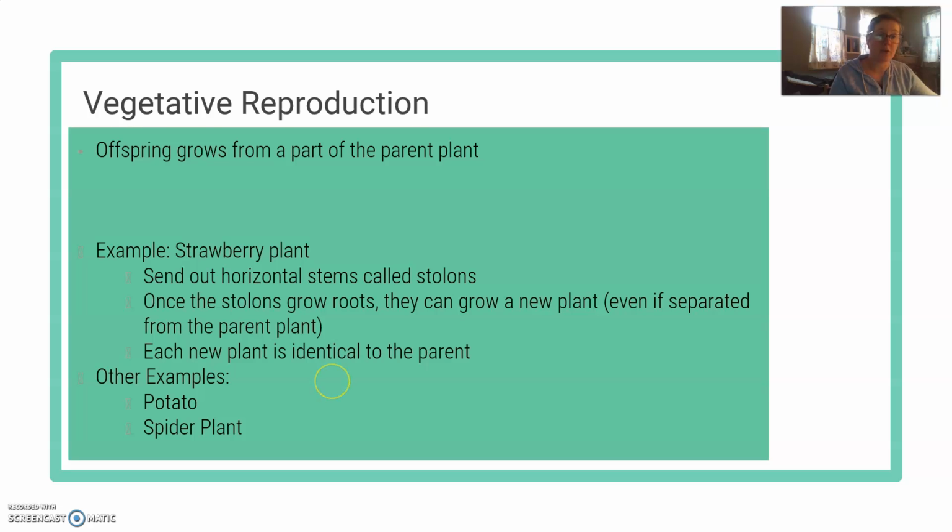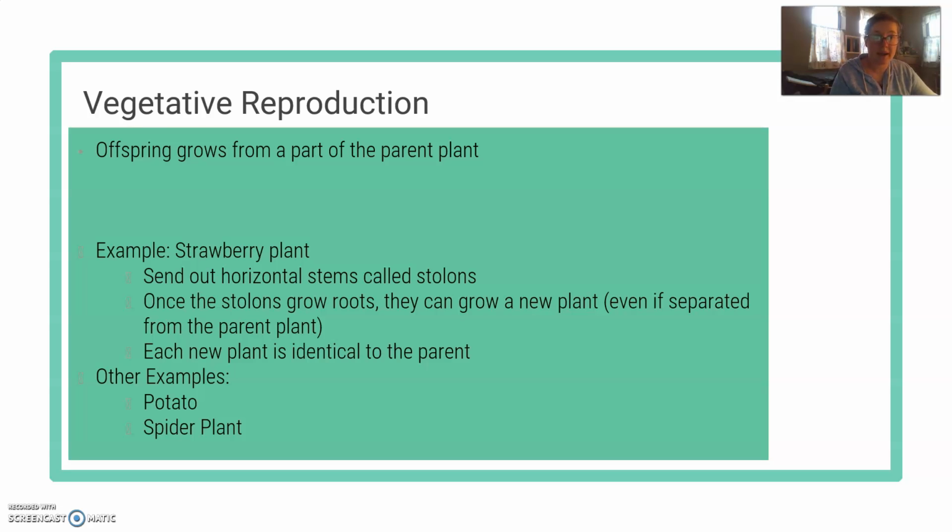Budding is used with organisms. That's really the big difference, because they both kind of grow from a part of the parent, but it's not the same thing. So remember, vegetative sounds like vegetation, which means plants. So vegetative reproduction is used by plants.